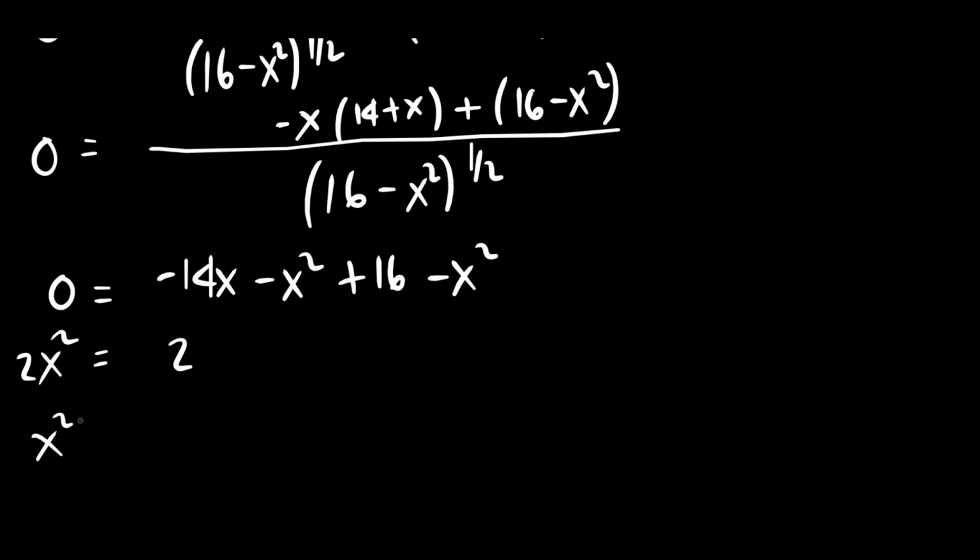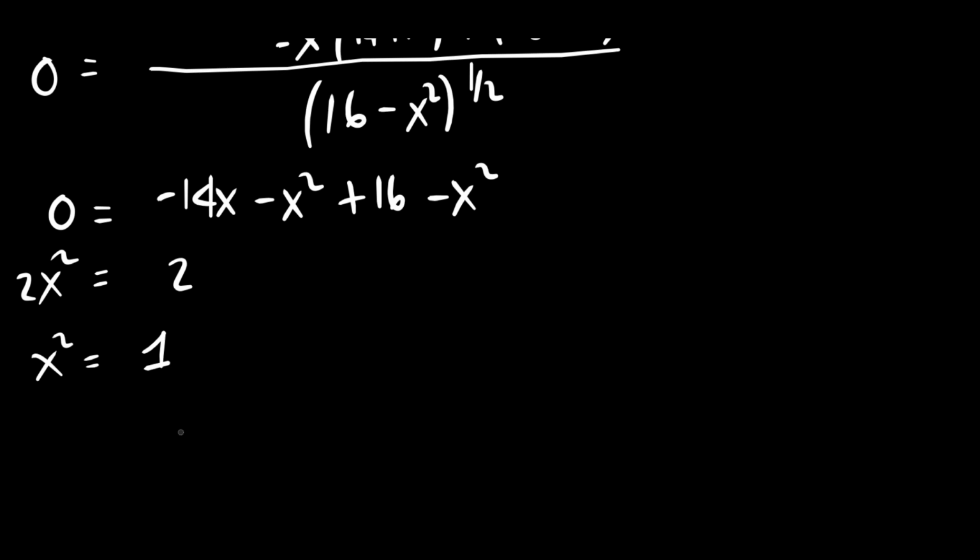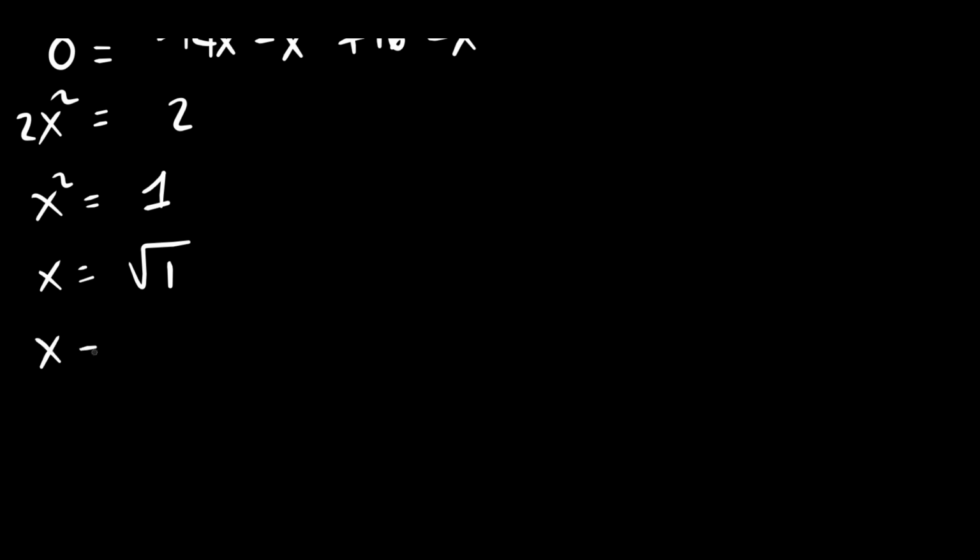So x squared is equal to 2 divided by 2, which is 1. So x is equal to the square root of 1, positive and negative 1. But in measurement, we will consider only the positive. So x is equal to 1.